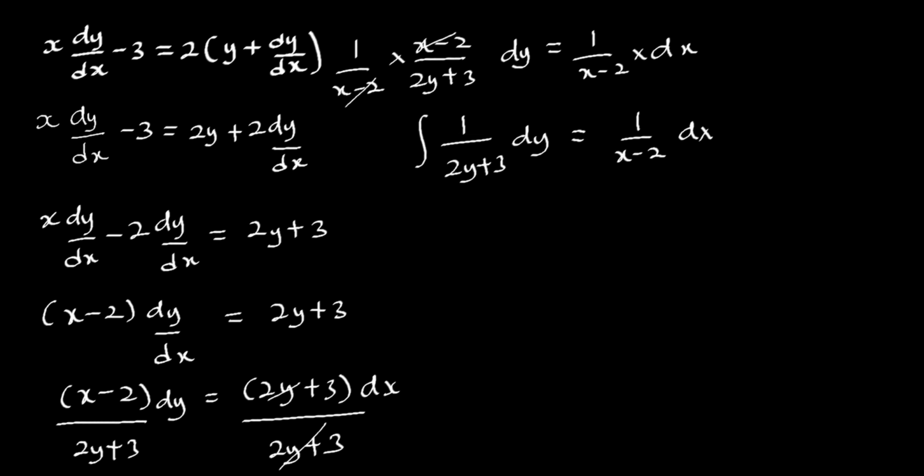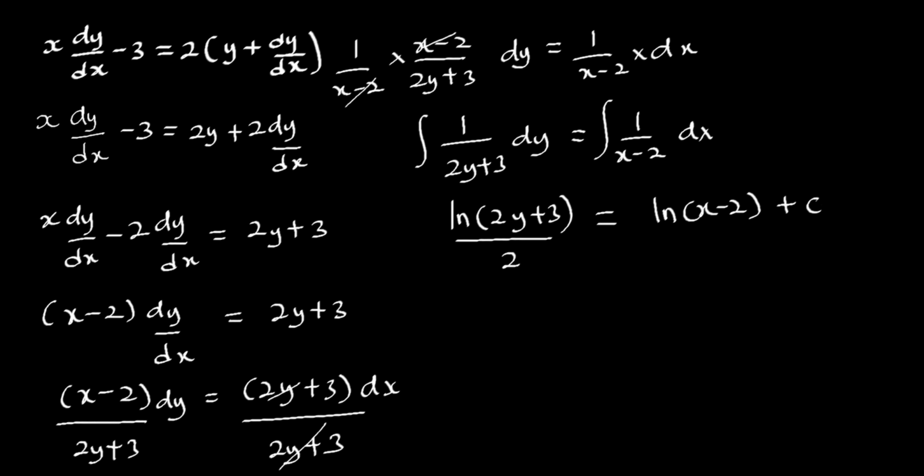So I will integrate both terms on the left and right hand side. Okay, when I integrate a term on the left hand side, we are going to get ln of (2y plus 3) divided by 2. And then on the right hand side, I'm going to get ln of (x minus 2), and then I'll bring the constant of integration. So this is what you are going to have.